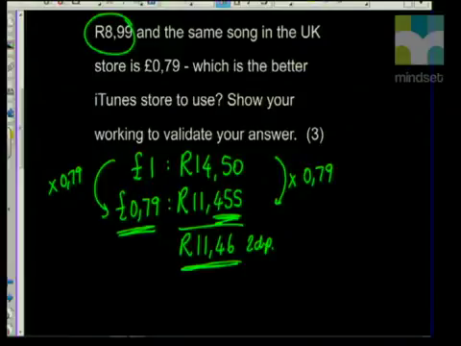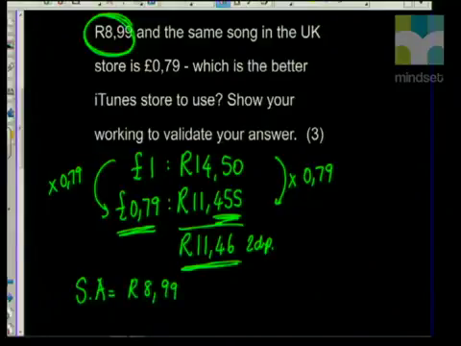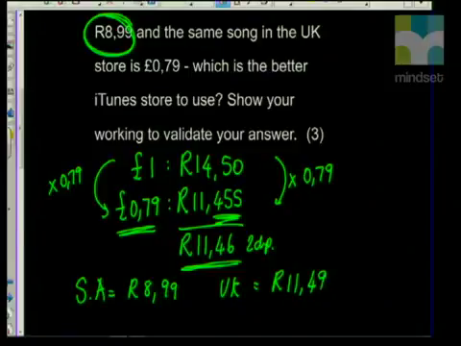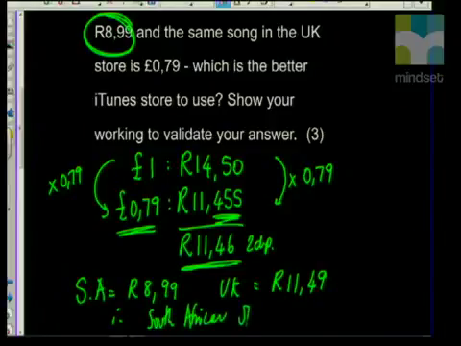You can then see that obviously the South African store is a lot cheaper because South Africa is R8.99, whereas the UK is equal to 11 Rand 46 once I've converted it to rands. Therefore, South African store is cheaper. And that's the end of that question.